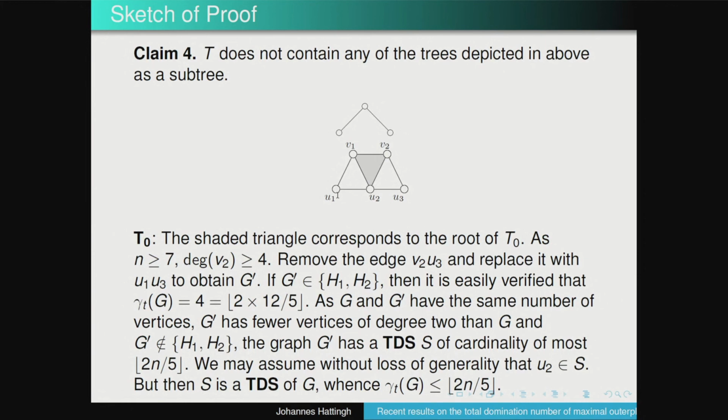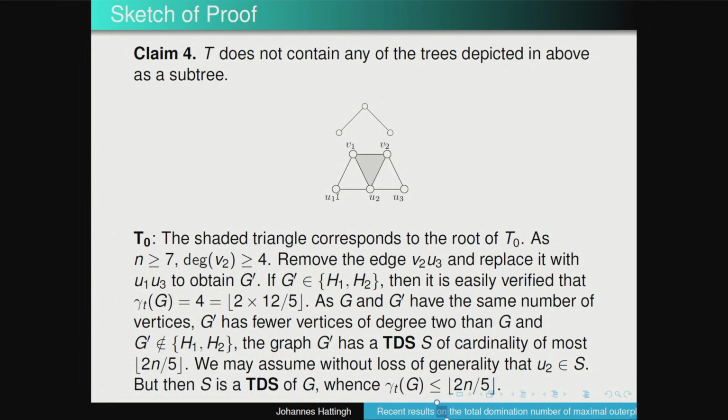And then the next thing is, by doing this, I removed this vertex here. This was a degree 2 vertex. I'm not messing with that vertex here, and I'm breaking this here. And what happens eventually if you do this process is that this graph has fewer degree 2 vertices, and it's not one of the exceptional graphs.